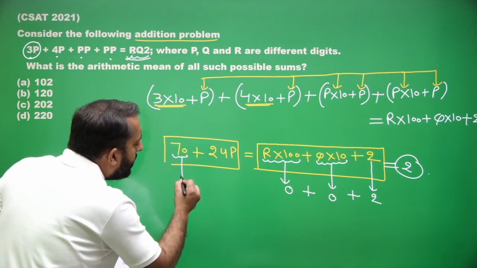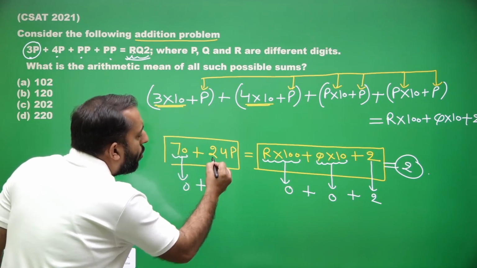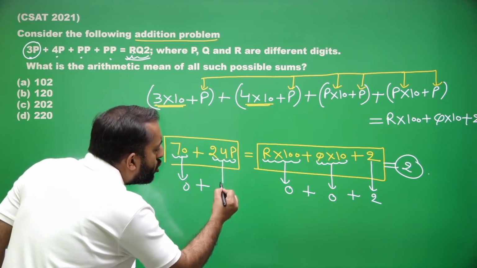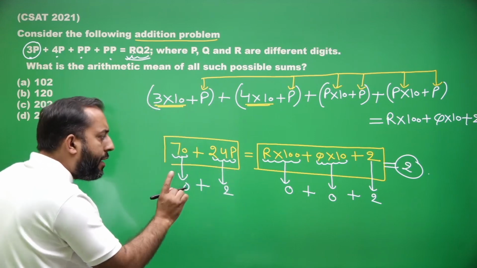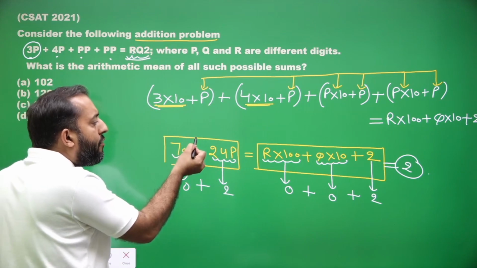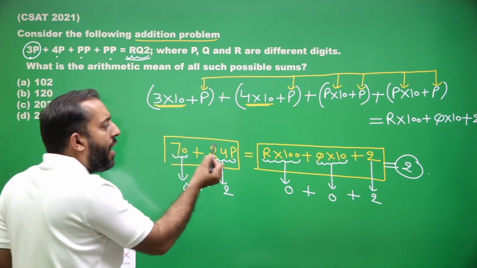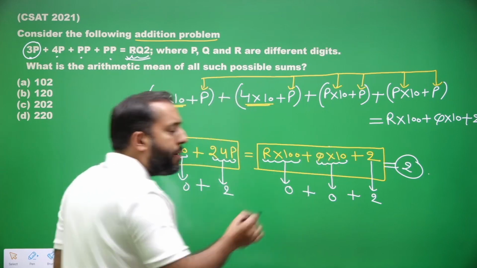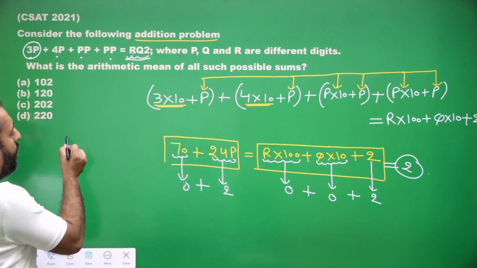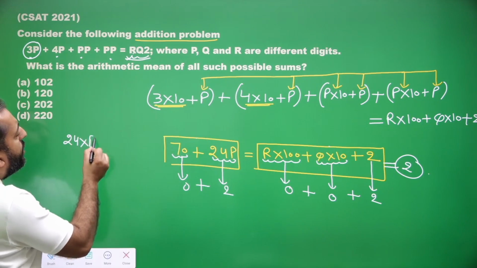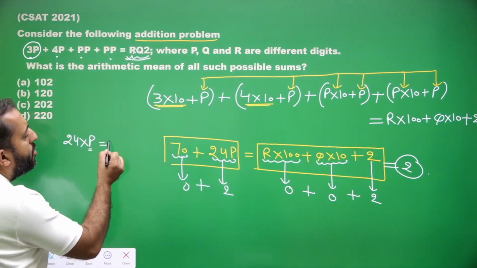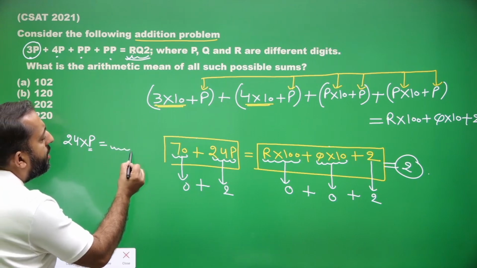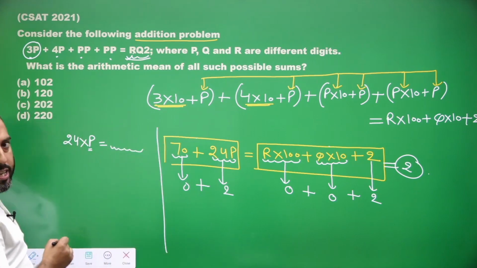The unit digit of 70 is 0. So the unit digit of 24p should be 2, and only then the unit digit of the left hand side is going to be 2 and the unit digit of the right hand side is going to be 2. Now you need to multiply 24 with such a number so that the result obtained has 2 as the unit digit.